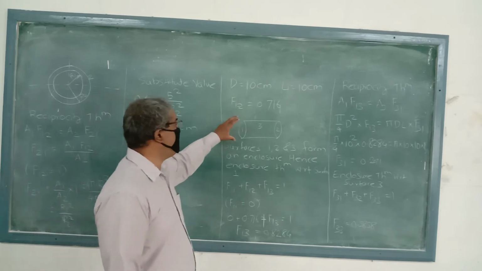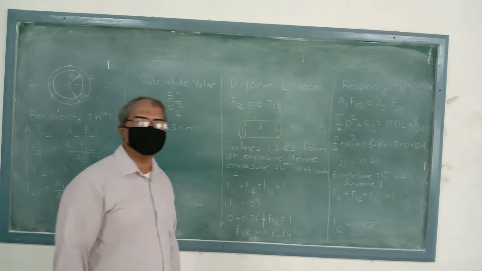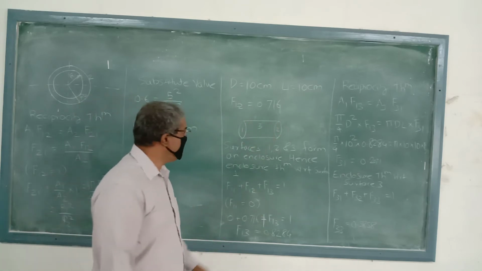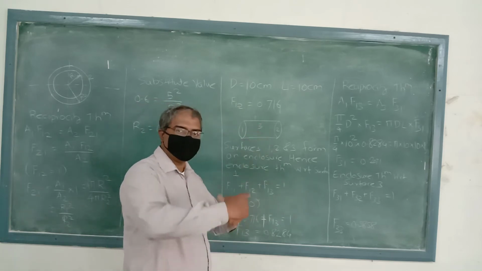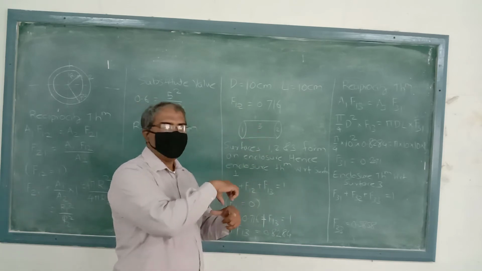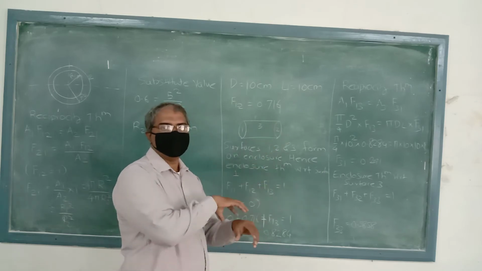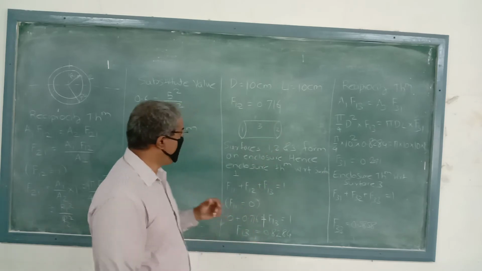This is the hollow cylinder. This is the third surface, that is the cylindrical outer, and this is the second surface, this is the other surface.